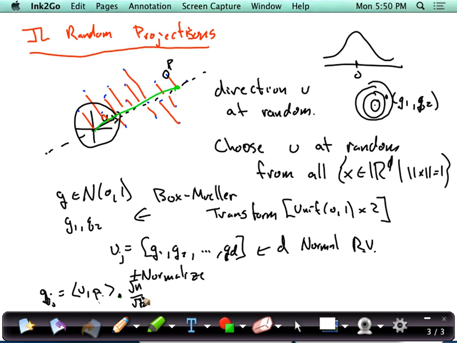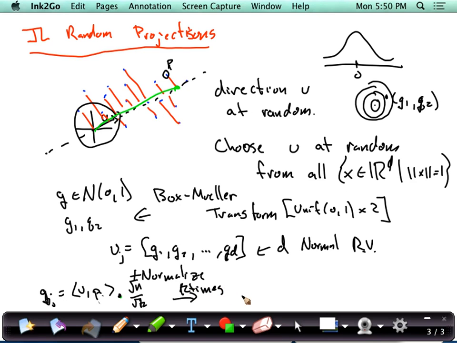It turns out this is the right way to normalize it. So in order to create this random projection, for the jth coordinate, I create a random direction, uj, take the dot product with the point, and expand it a little bit. This is the jth coordinate, and I do this k times.